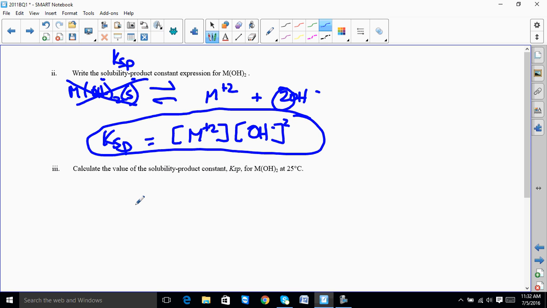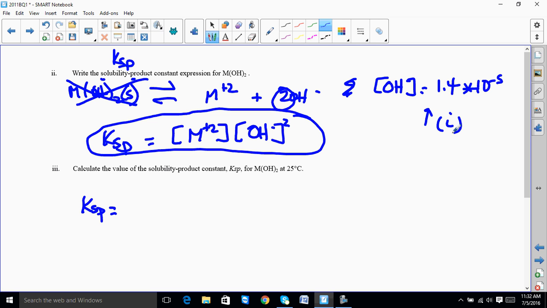And calculate the value of Ksp. We know from part I that the concentration of OH minus is 1.4 times 10 to the -5. Now, this is interesting: if you look up here, this is a 1 to 2 mole ratio.